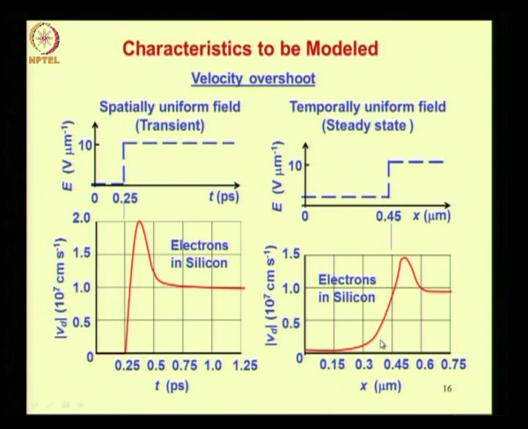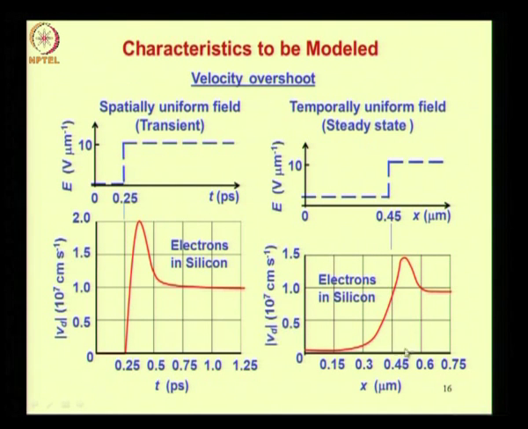Now it is important to note this does not mean non-causality, because it is not as a function of time but as a function of distance. So the velocity starts increasing before the location of the electric field step and then it increases and overshoots and then returns to the saturation velocity value.